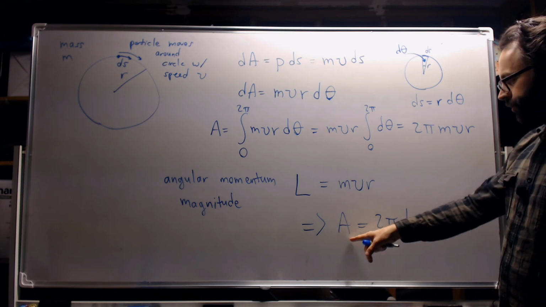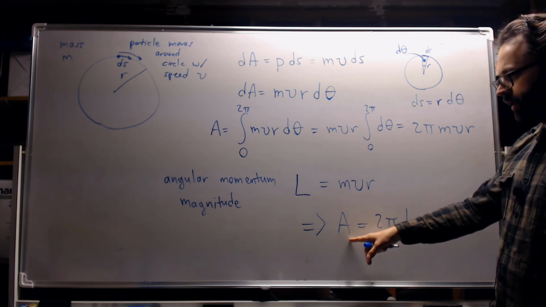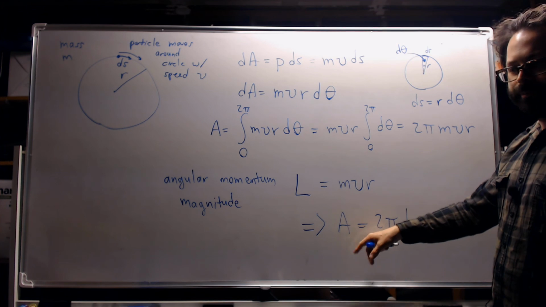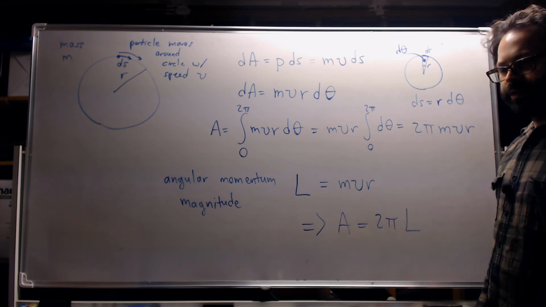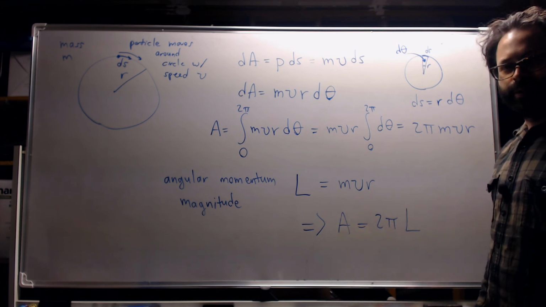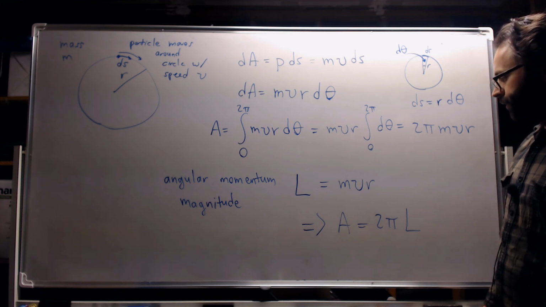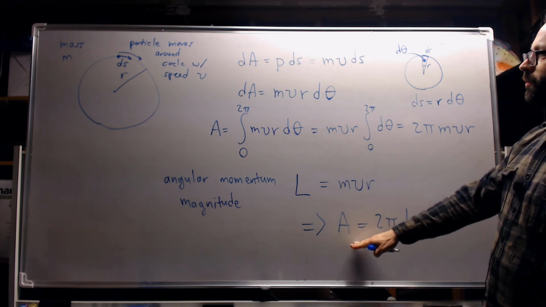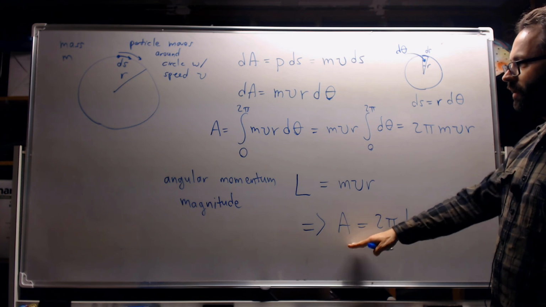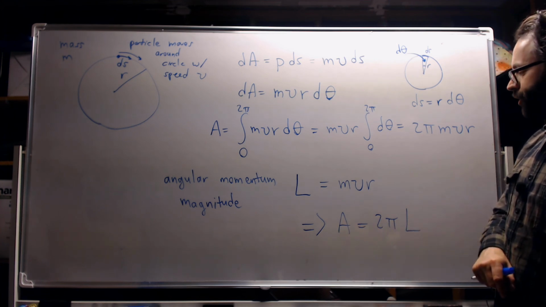There's a reason, as we'll see, that the action pops up in the treatment of the atom by Bohr, and that's what we're going to do next. But so far, all I wanted to do is introduce the definition of the function A, the action.